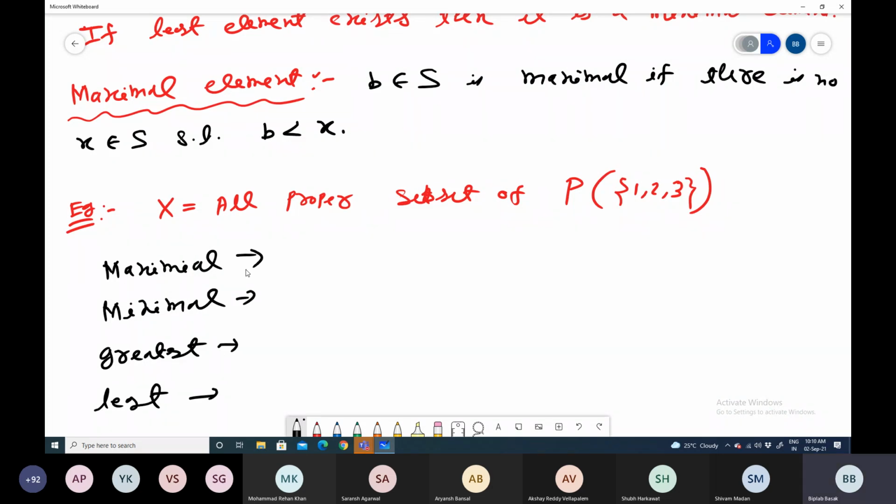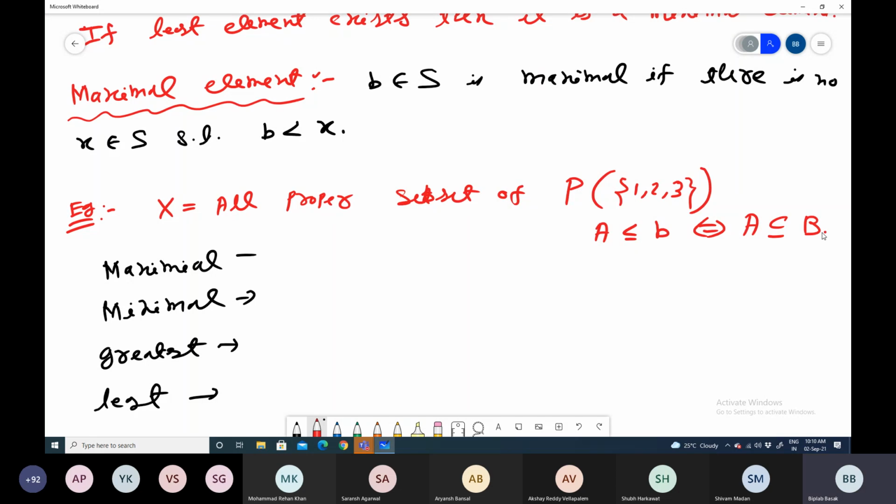X is all the proper subsets of this set, and the relation is, since it is a set, A less than or equal to B if and only if A is a subset of B. So this is our relation.